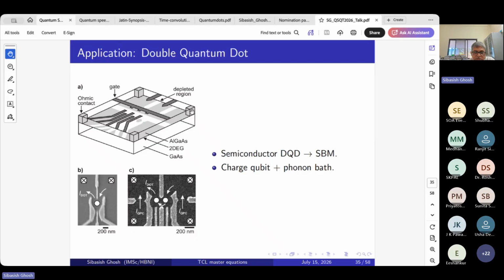So this is the setup for this quantum dot. So you have basically two dots together, and therefore the question is, if we now study the dynamics of this charge qubit in this double quantum dot scenario, how will it behave?